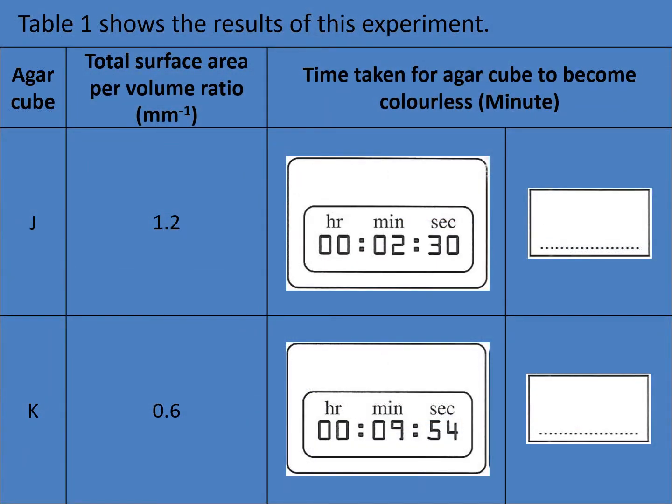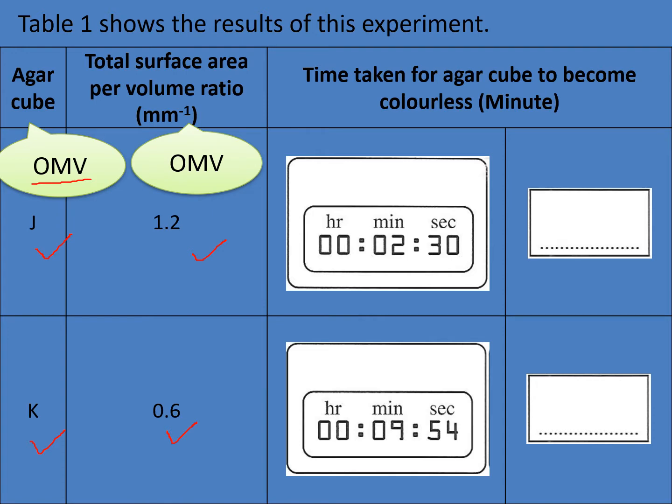Table 1 shows the result of these experiments. Agar cube J, the total surface area per volume ratio is 1.2. Agar cube K, the total surface area per volume ratio is 0.6. Agar cube is operating manipulated variable. Total surface area per volume ratio also operating manipulated variable.